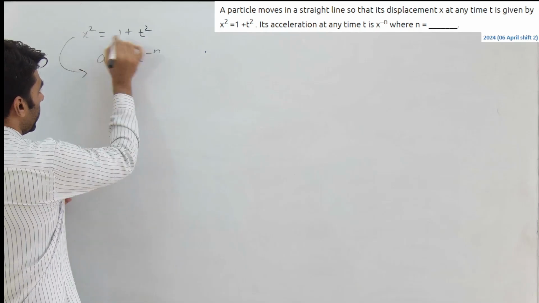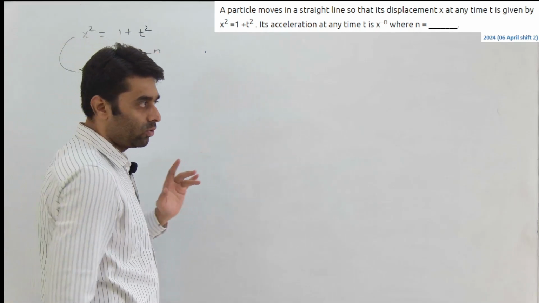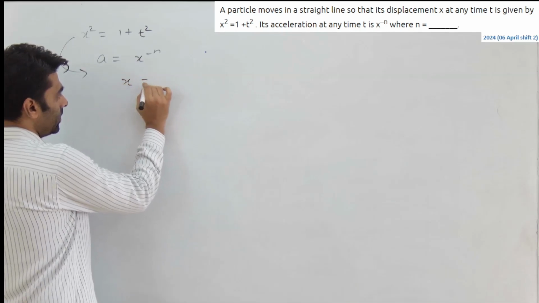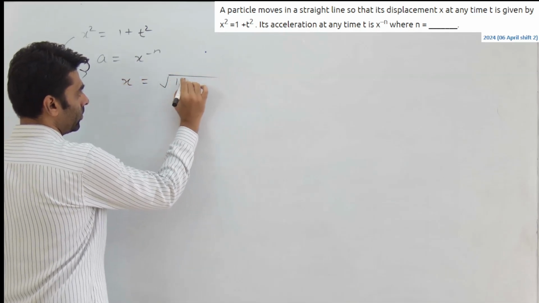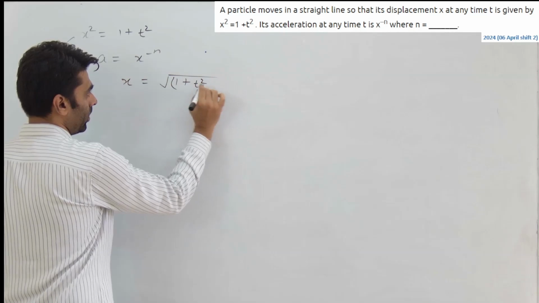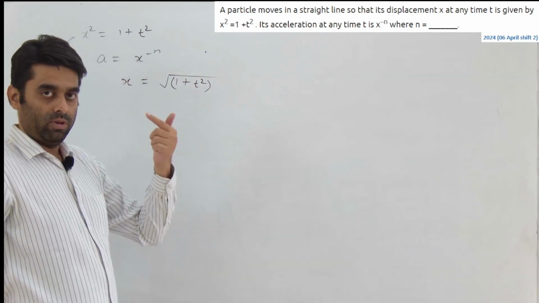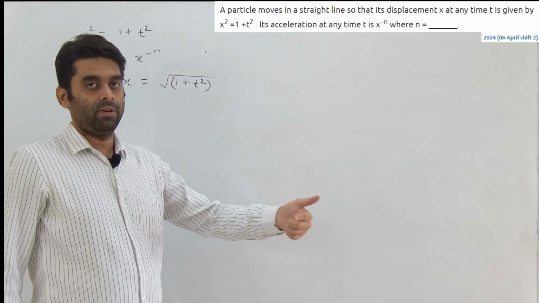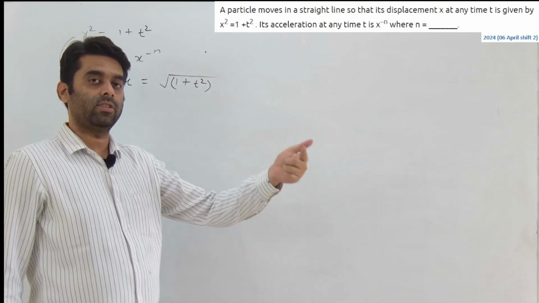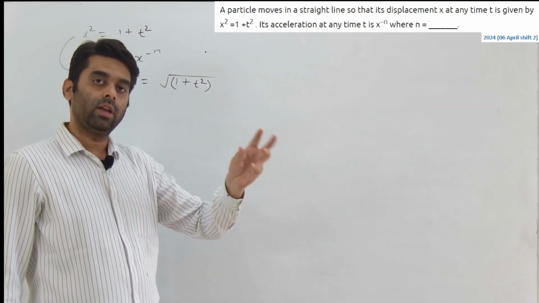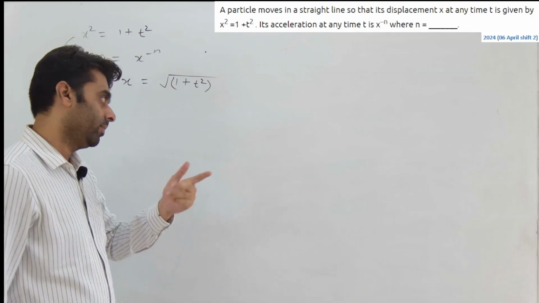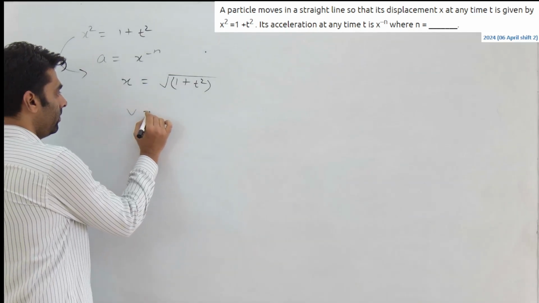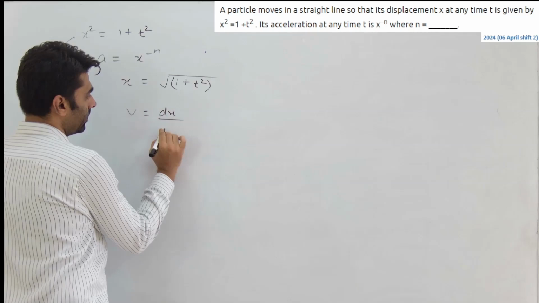Let's simplify this. x square is 1 plus t square. So we can write x is equal to, if I take root on both sides, root over 1 plus t square. First of all, we will find out velocity by differentiating x. Then we will calculate acceleration by differentiating velocity. So over here, v will be dx by dt.